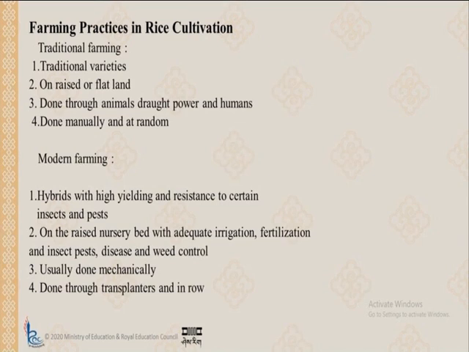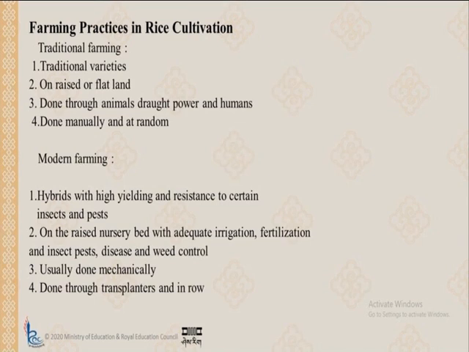So in traditional farming, when it comes to the choice of variety, farmers use traditional varieties, whereas in the modern method, they use hybrids with high yield and resistance to certain insects and pests.